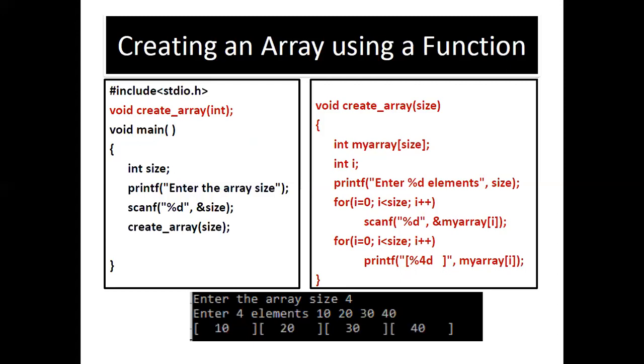So the idea is that there will be a function called create array, and create array is going to take the size of the array from main, and then inside create array we are going to define our own array.